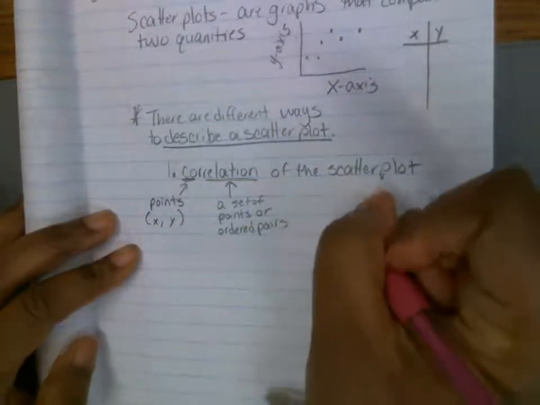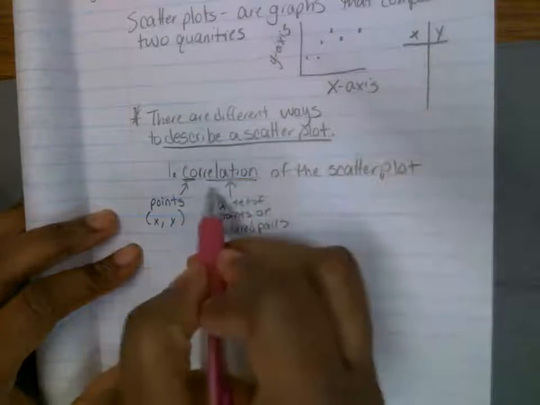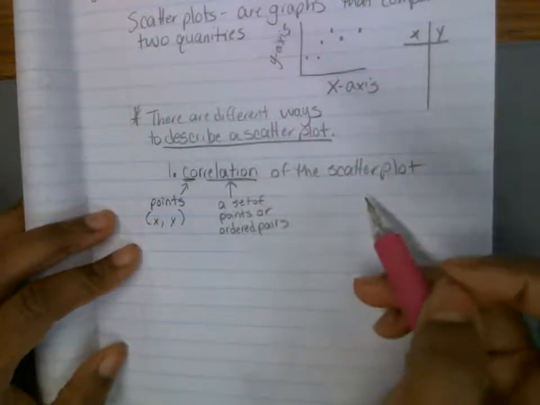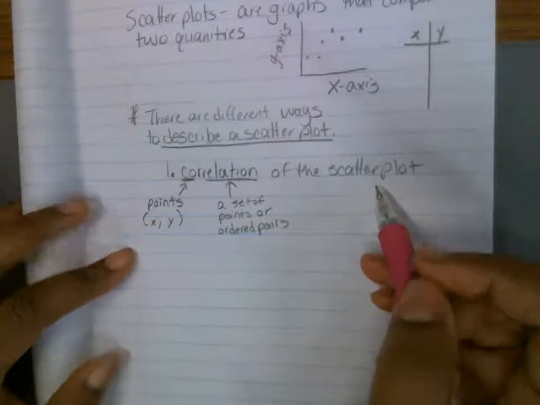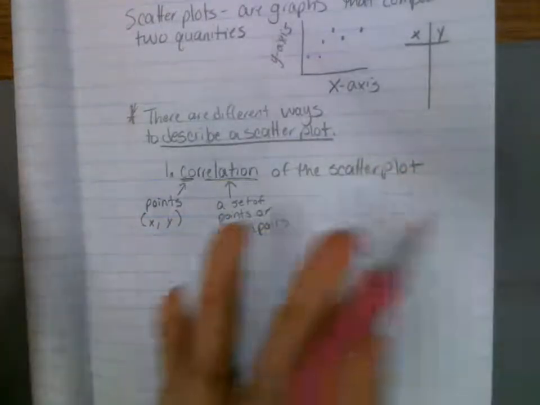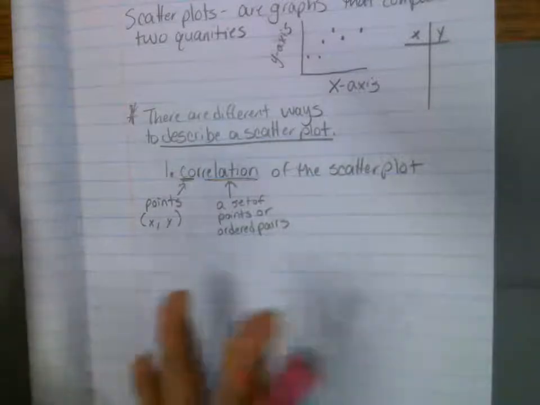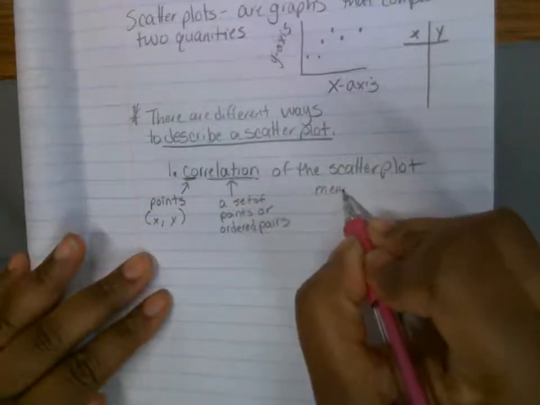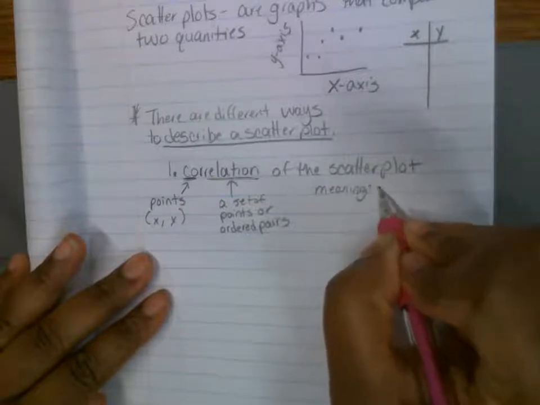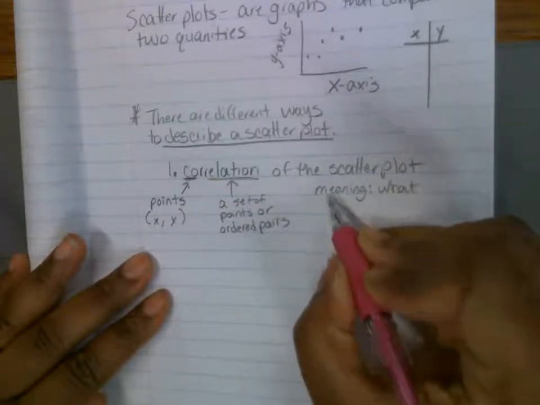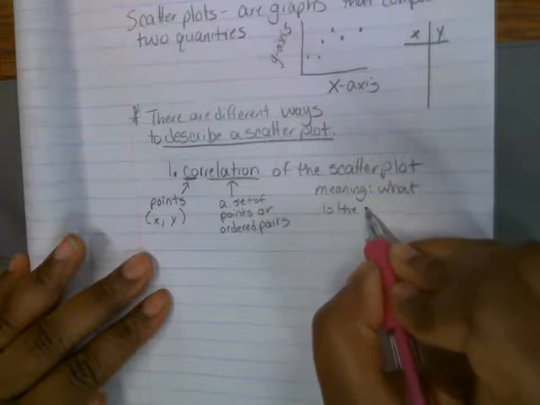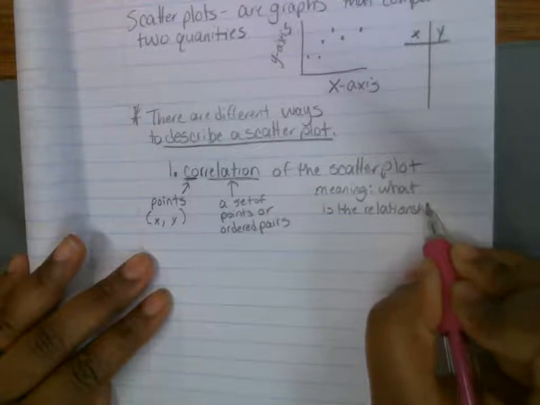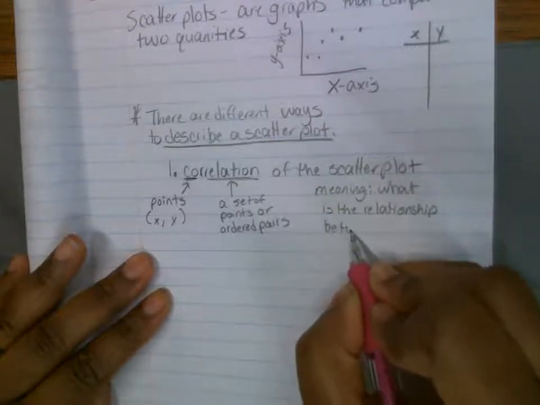In other words, when you are finding the correlation of points, what that means is that you are finding how the points are related. What's the relationship between the points? So the meaning: what is the relationship between the quantities?